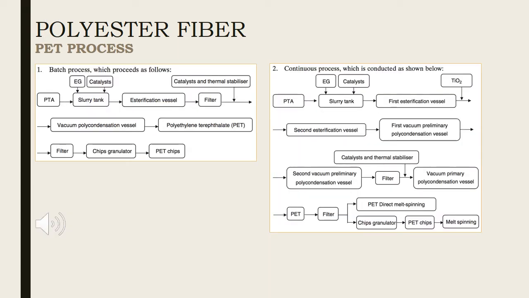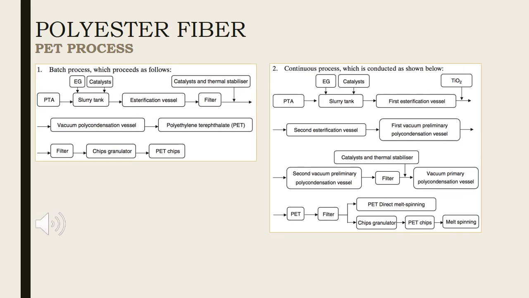There are two production processes for producing PET, including batch process and continuous process. These two processes are presented on slide. Both ester interchange and direct esterification process are combined with polycondensation steps either batch-wise or continuously.